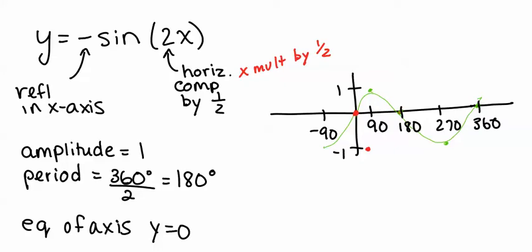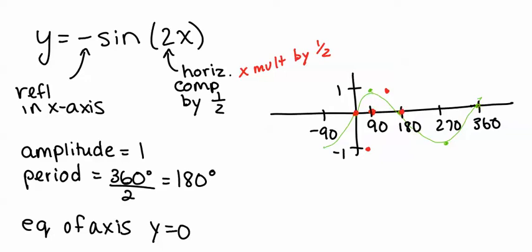The reflection's not going to do anything, but my x value is going to get cut in half. So it's actually going to be over here at 90. Then (270, -1). So that's going to pop up to 1. And 270 is going to get cut in half to 135, which is over here. And then 360, I already know that's going to get cut in half to 180.